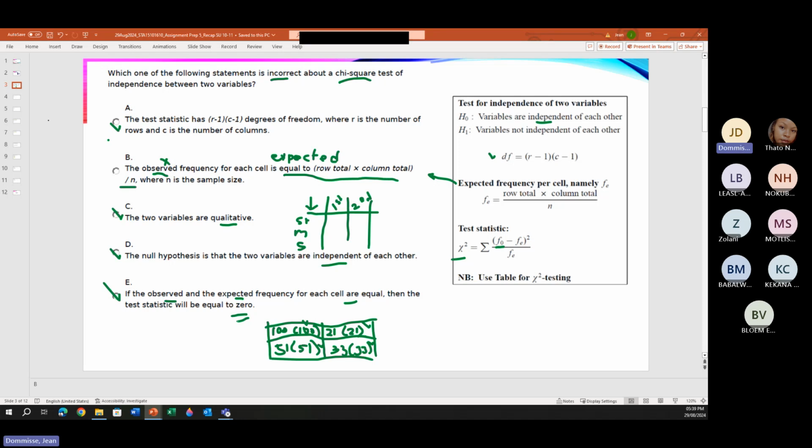I just wanted to show that again because this one starts off easy, but some of these are a bit more difficult.